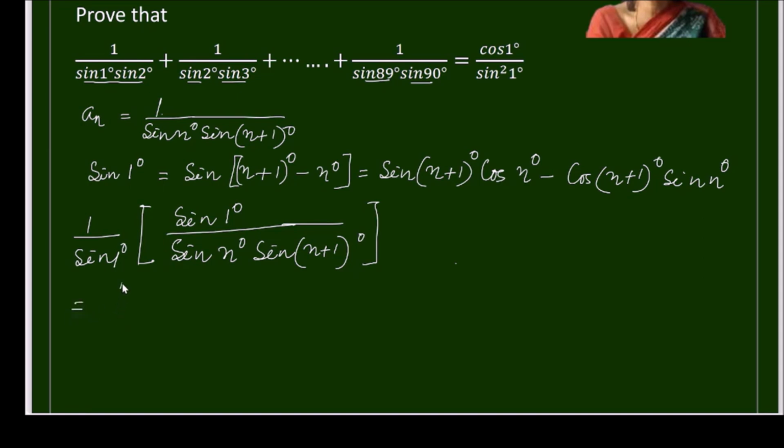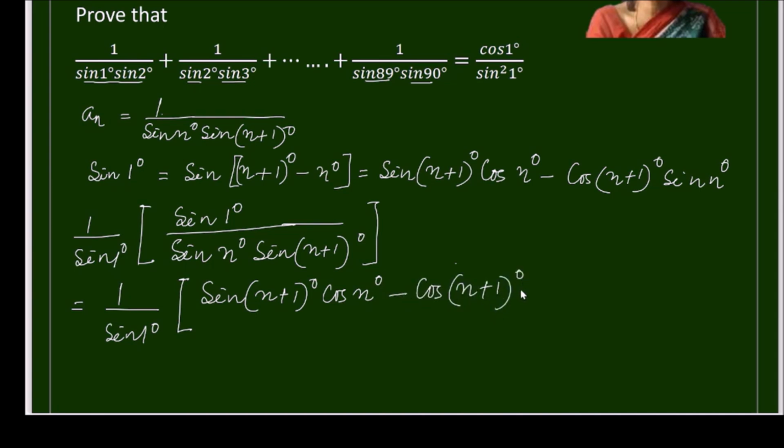Then this will be 1 over sine 1 degree, and here will be sine n plus 1 degree cos n degree minus cos n plus 1 degree multiply sine n degree, whole upon sine 1 degree, sine n degree into sine n plus 1 degree.